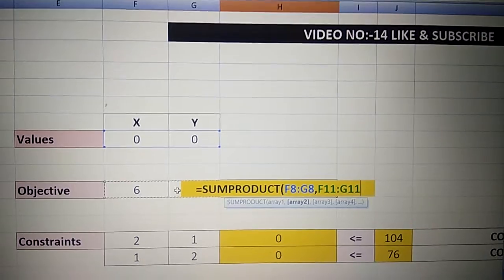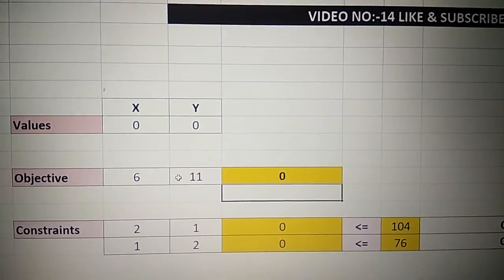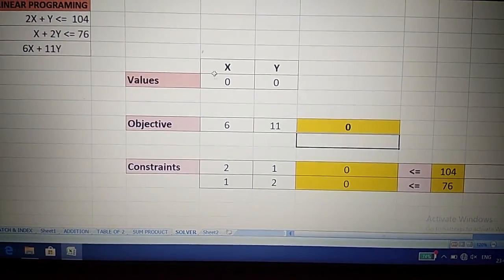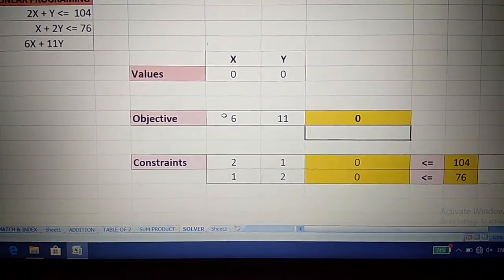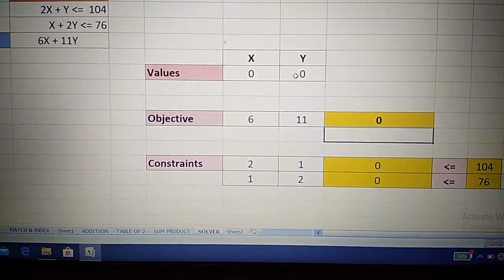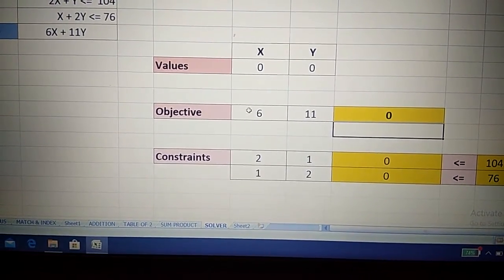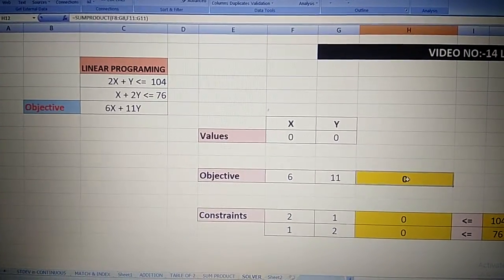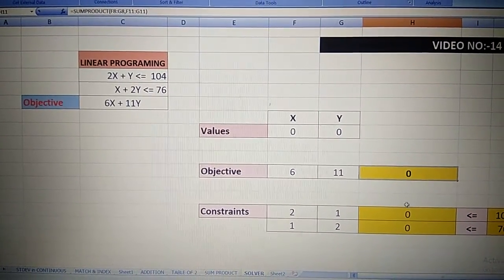Okay, clear, bracket closed and enter. So it is 0. Why is it 0? Let's check. 0 multiplied by 6 gives 0. 0 multiplied by 11 is 0. And then 0 plus 0 makes it 0. Perfectly okay.